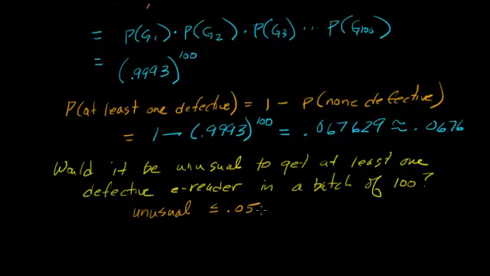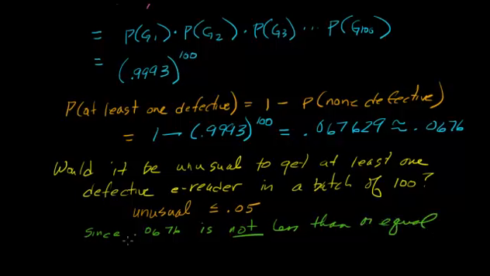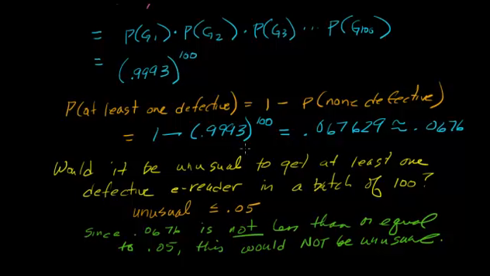So, since 0.0676 is not less than or equal to 0.05, this would not be unusual. So that's not that unusual for them to find one defective e-reader in a batch of 100.